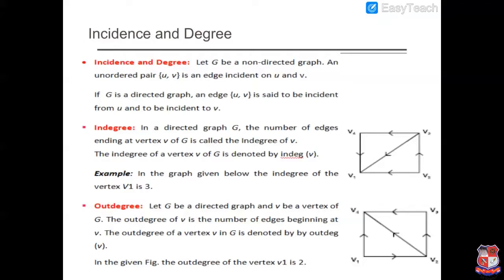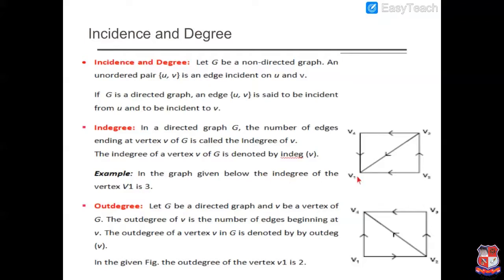In a directed graph G, the number of edges ending at vertex V of G is called the in degree of V. The in degree of a vertex V of G is denoted by indeg(V). As an example, in the given graph, the in degree of vertex v1 is 3.